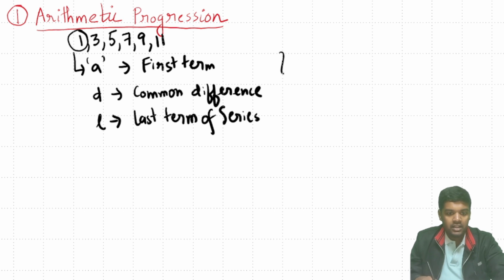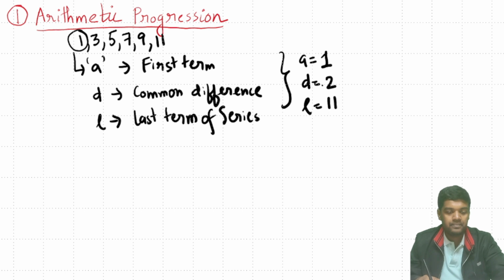Here in our example, A equals 1, D equals the common difference, which is 2, and L is the last term, which is 11. Super clear?